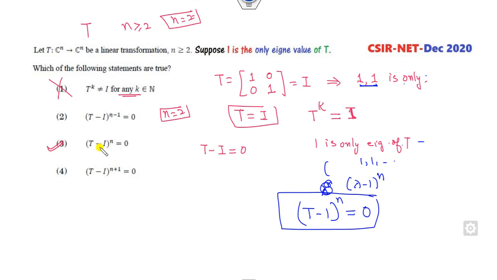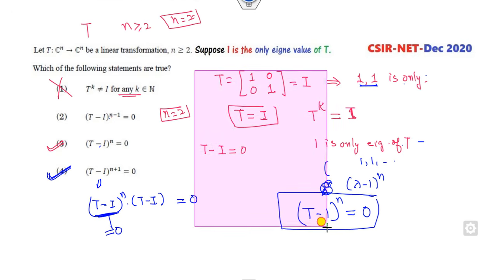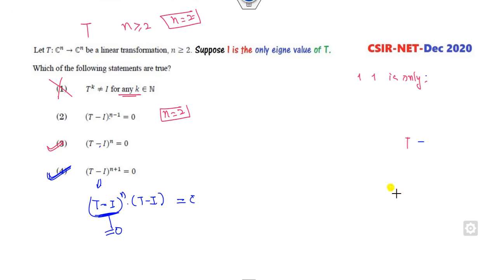So this is the correct option. Look at this one. I can write this number as a product with T minus I. Since this number will be 0, if you multiply them, this is also 0. How can you check this option? Now in the case of 2 cross 2, we can never think about that.